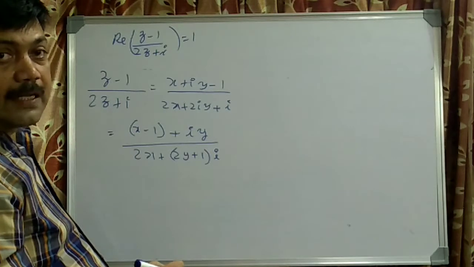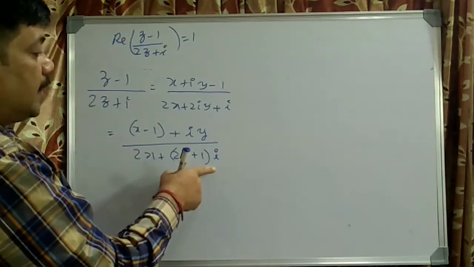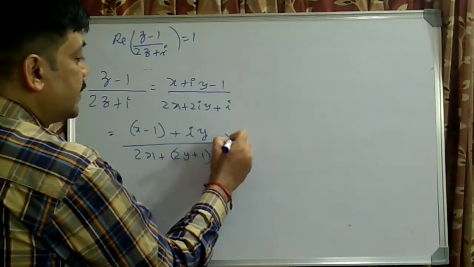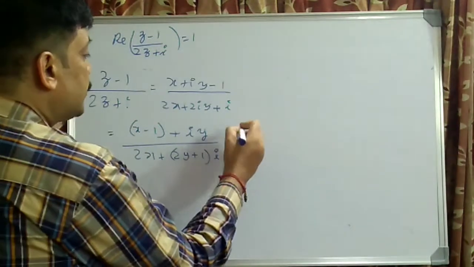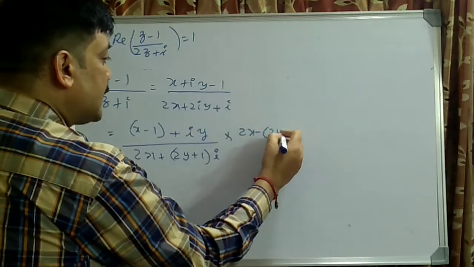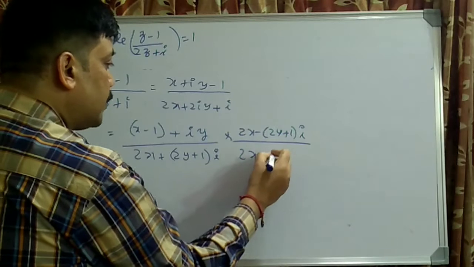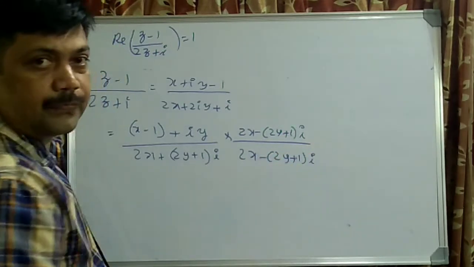Now in complex numbers, whenever we see the denominator having the i value, the imaginary number, then we rationalize this to eliminate i in the denominator. So this is (2x minus (2y plus 1) into i) whole divided by (2x minus (2y plus 1) into i).